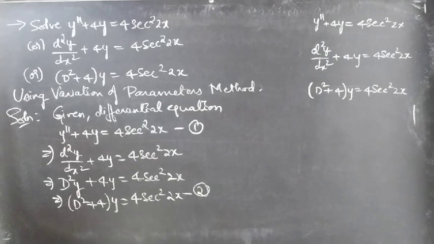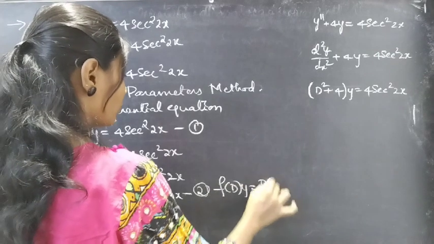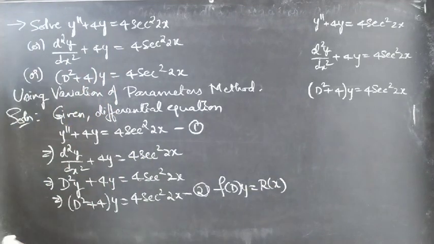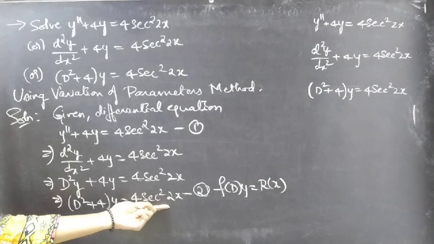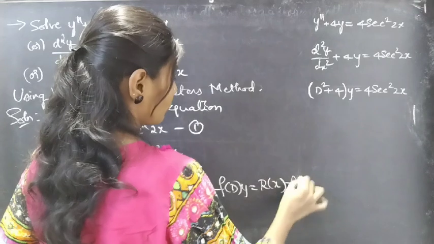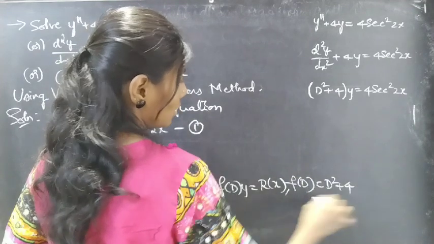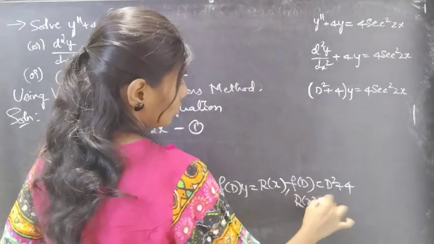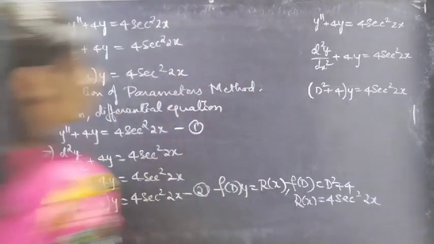So f(D)y = r(x), where f(D) is D² + 4 and the function r(x) is 4 sec²2x.